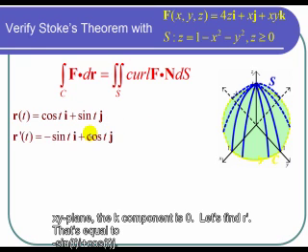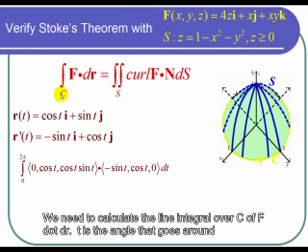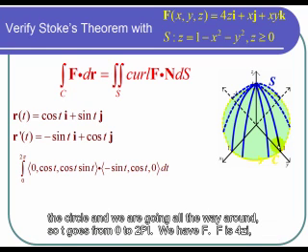So let's find r prime, and that's equal to negative sine t i plus cosine t j. So we need to calculate the line integral over C of F dot dr. t is the angle that goes around the circle, and we're going all the way around. So t goes from 0 to 2 pi.